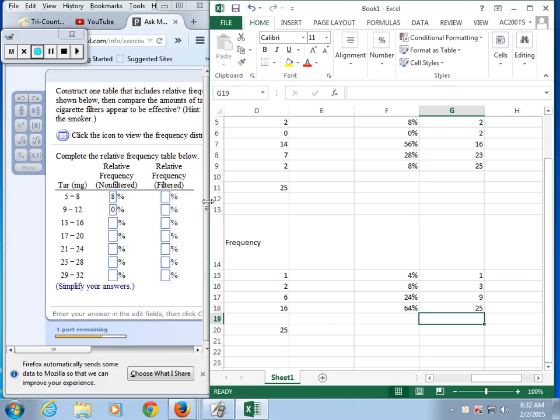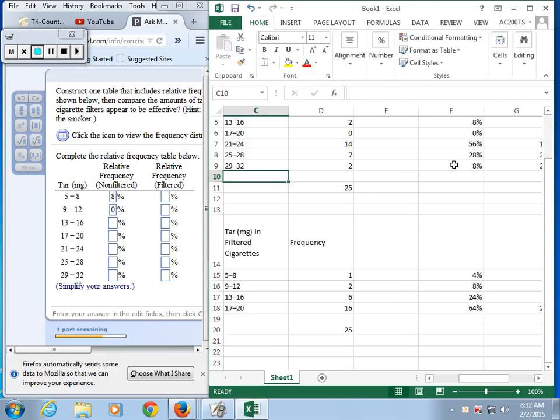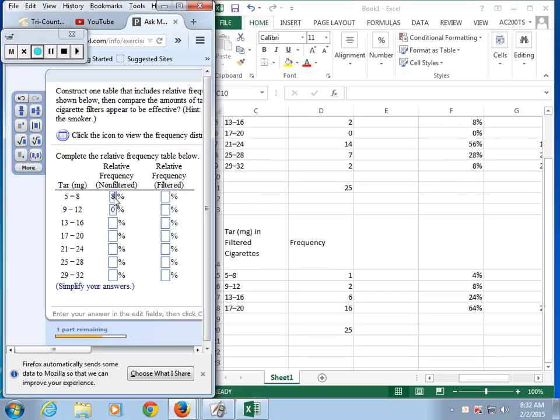Trying to work this best I can. Okay, there's my percentages. I'm sorry. So what is 5 to 8? 0. There we go. 8. 13. See, what they're doing is trying to throw you off just like they're throwing me off right now.